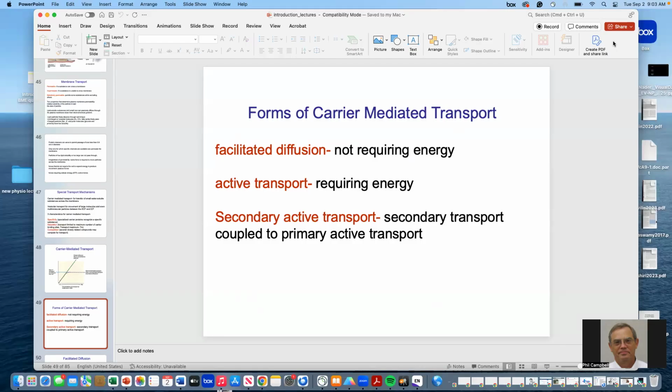So it can't use facilitated diffusion to go from inside to outside, because it can't go without expending energy, because it needs to pump that material out of the cell, right? Secondary active transport is where you expend energy to move molecule A and you piggyback molecule B along with it. So basically think about transporting two molecules for one.